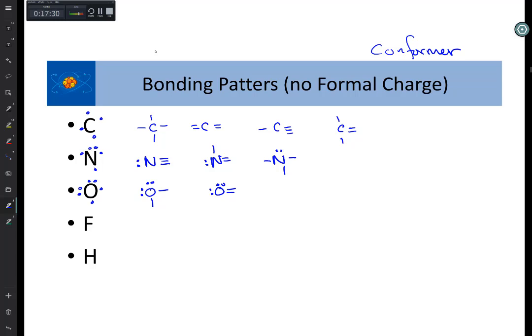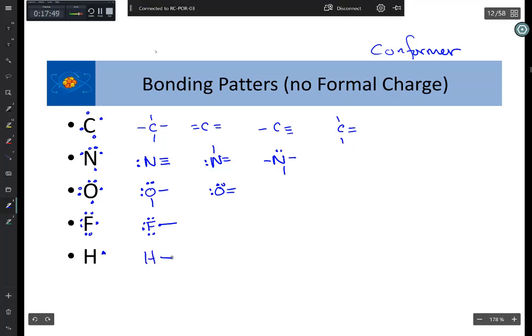Now fluorine is simple. It has 7 valence electrons, so its Lewis dot looks like that. And hydrogen is simple. It looks like that.